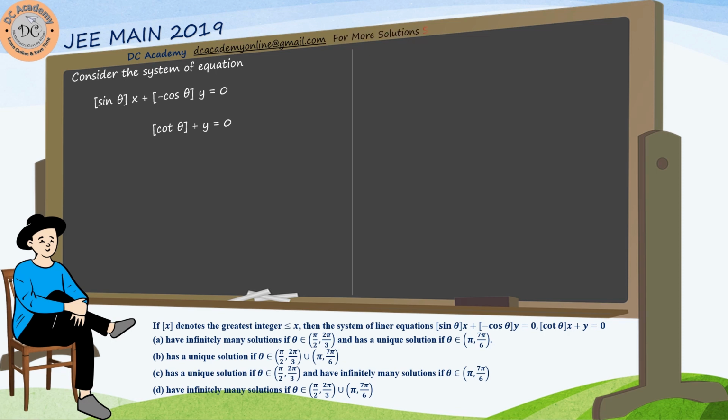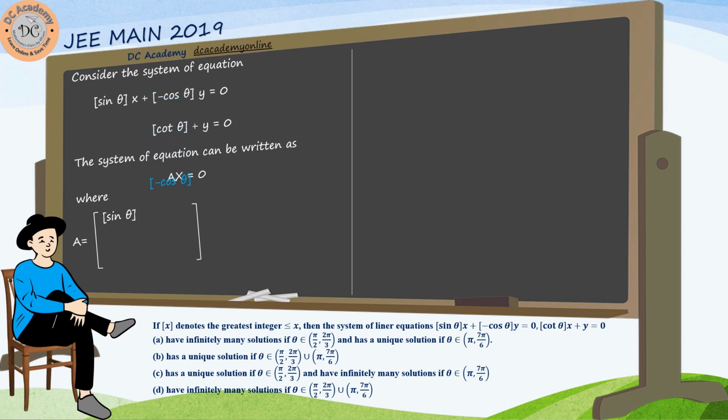Now we'll rewrite it in matrix form. This given system of equations can be rewritten in matrix form as Ax equal to 0, where A is the coefficient matrix. The entry in the first row, first column will be box of sine theta.